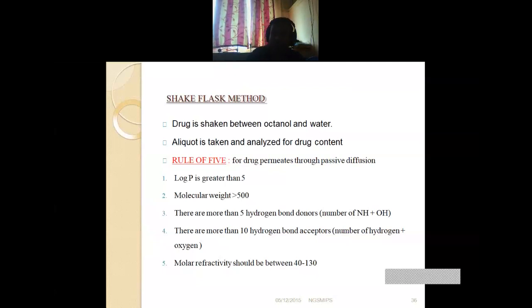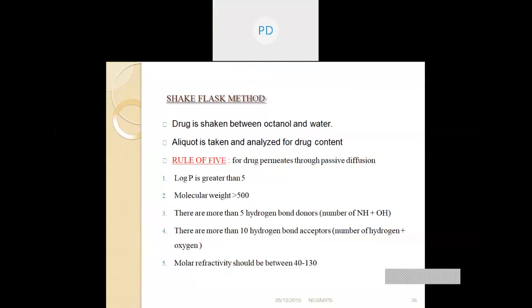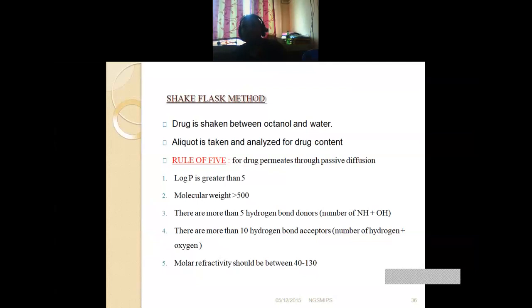So what is the diffusion method? What do you mean by diffusion method? It passes from higher to lower concentration. Exactly. Passive diffusion means if it is in higher concentration, then it directly flows to the lower concentration.